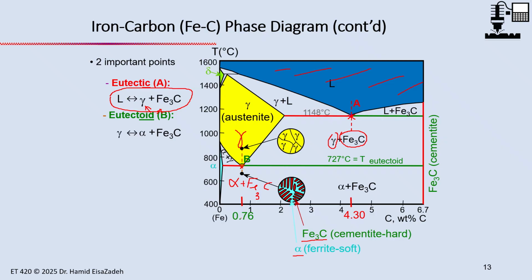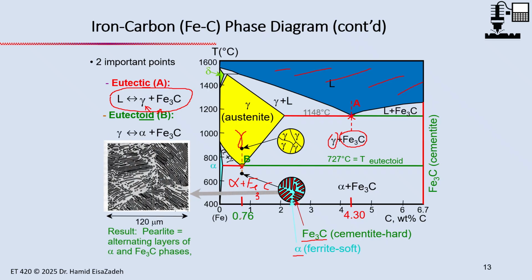Blue is alpha, ferrite, soft, and these red regions are cementite, which is hard. If you look at this microstructure under the microscope, we see a similar picture. It's very small, 120 micrometers. Sometimes they call this combination pearlite, alternating layers of alpha and cementite phase. They are not one phase, they are separate.